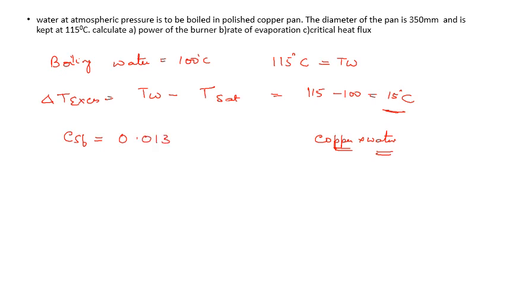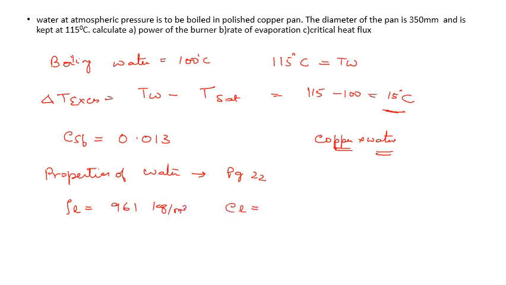Therefore, if I have to see the other properties of water, I have to refer to the properties of water, page number 20, page number 22. You get a density of the liquid is 961 kg per meter cube.